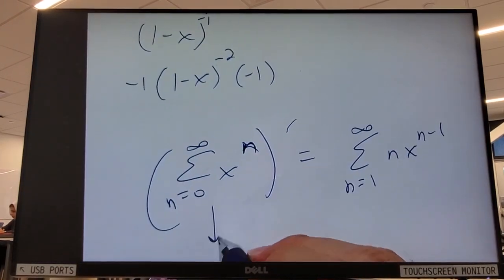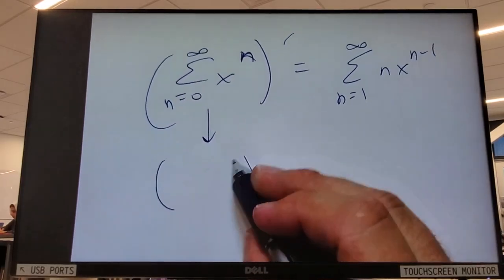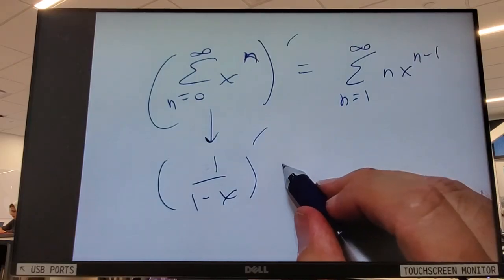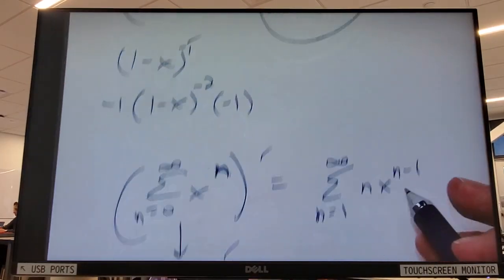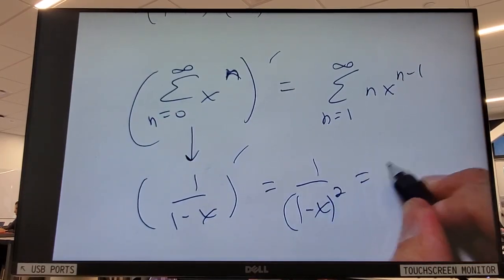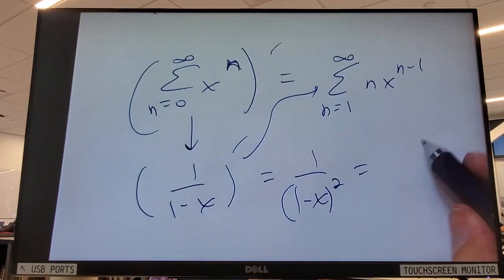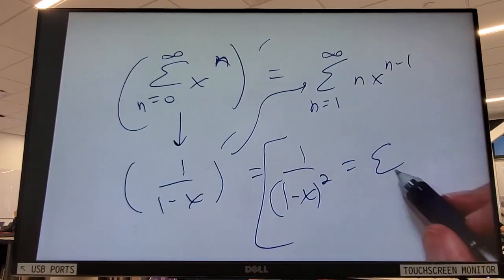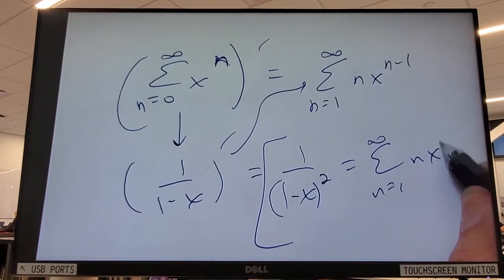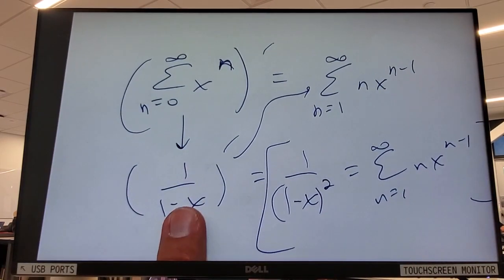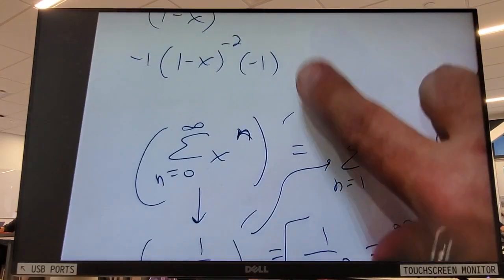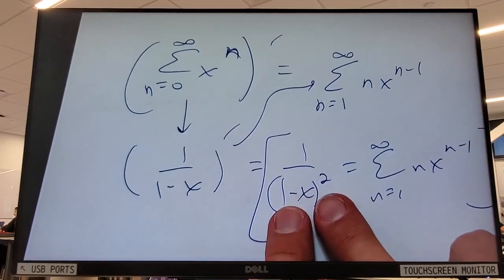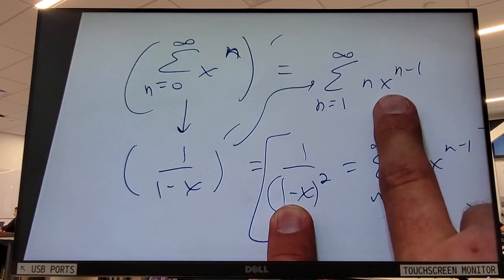What was this in function form? 1/1 minus x. So then the derivative of 1/1 minus x is this, yes? But it's also that. So then this is equal to this. If I know what 1/1 minus x is in terms of a series, then I know what the derivative of 1/1 minus x is as a series.